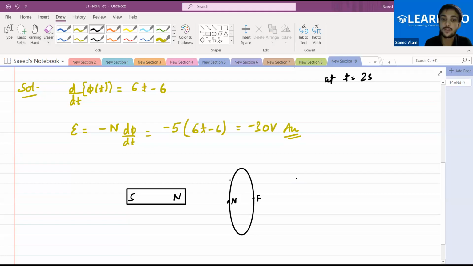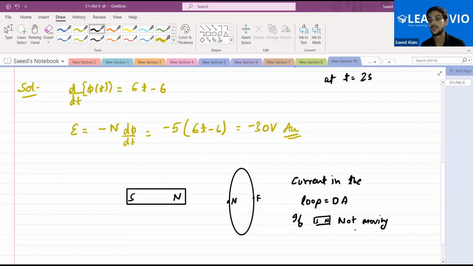Or what I can say is that the current in the loop will be equal to 0 ampere if the magnet is not moving. Or what I should say, the magnet is stationary.